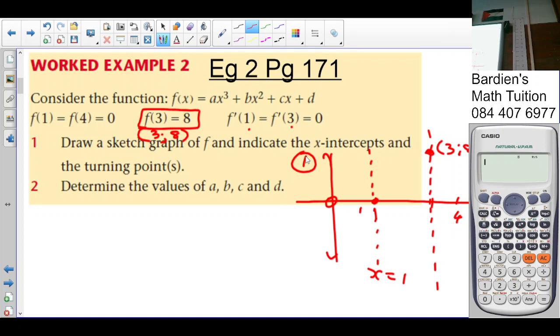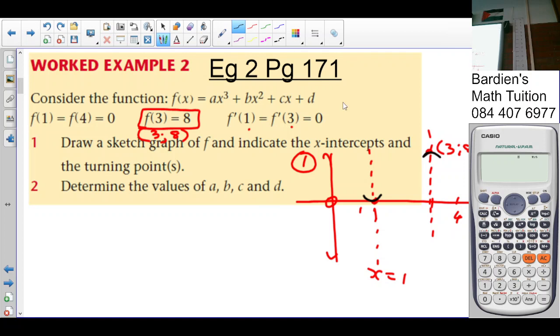You see that, people? So can the graph turn like that and like this? Of course not. Otherwise, how are you going to connect this graph here? You can't. Not so? So the graph is going to turn here and there.